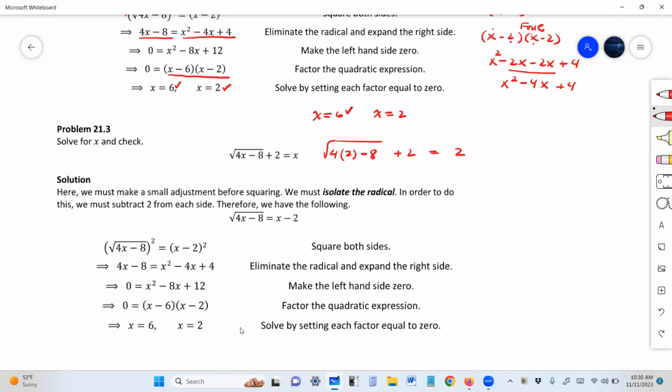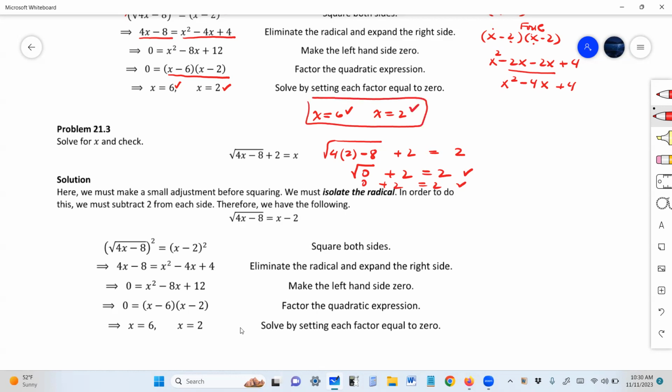All right, so 4 times 2, 8, minus 8, 0, plus 2 equals 2. Yeah, that also checks, because square root of 0 is 0. So 0 plus 2 is 2. So in this case, both of the solutions work perfectly fine, and you're okay.